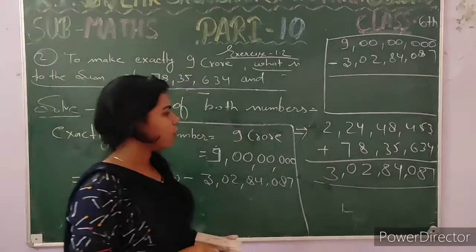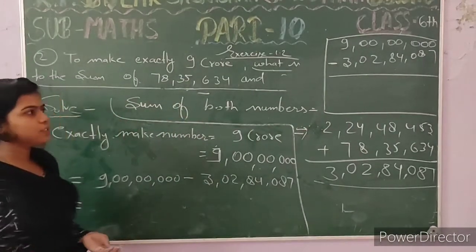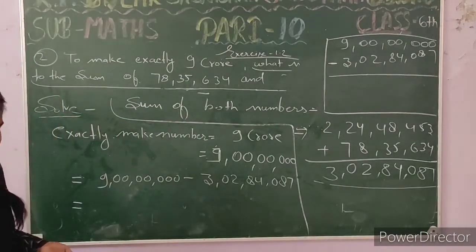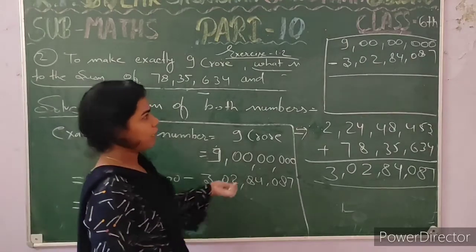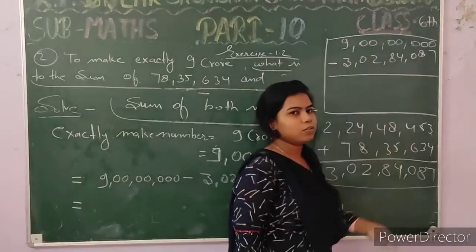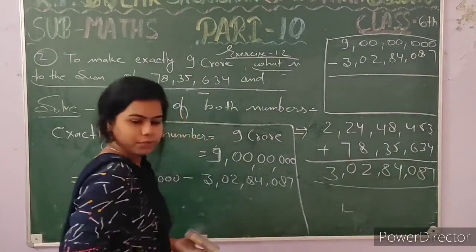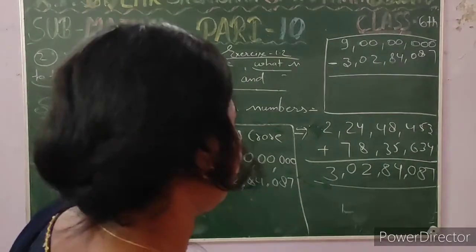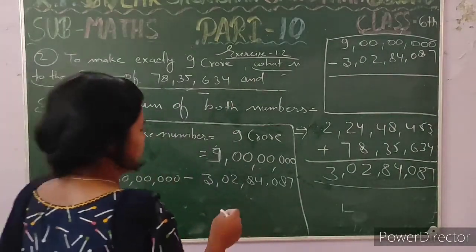Okay students, don't be confused about how we add and subtract the digits. You have studied this in 6th class, so you can easily do this type of question. Don't panic, students.